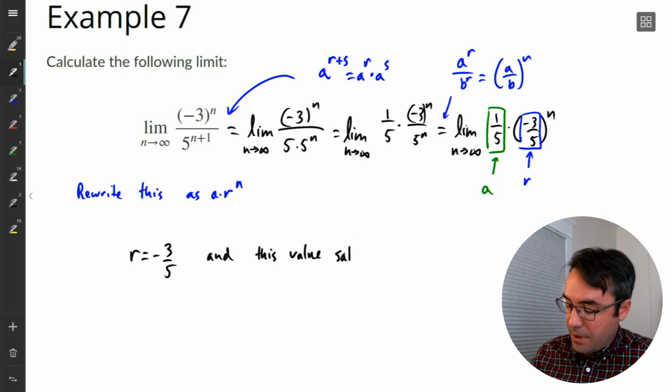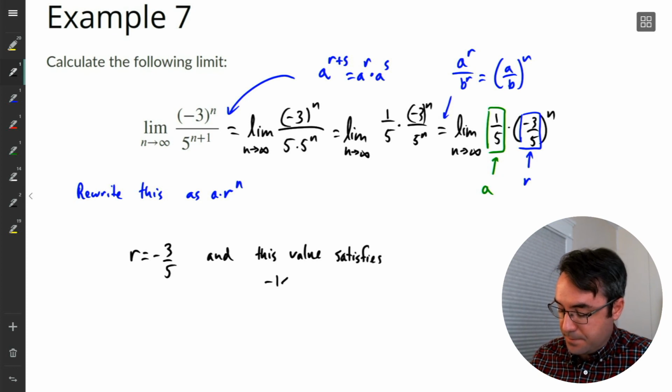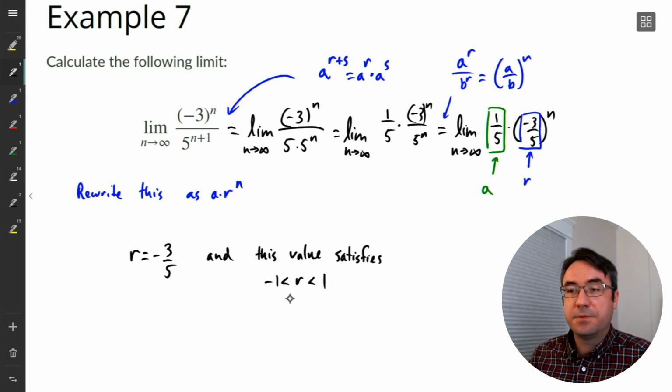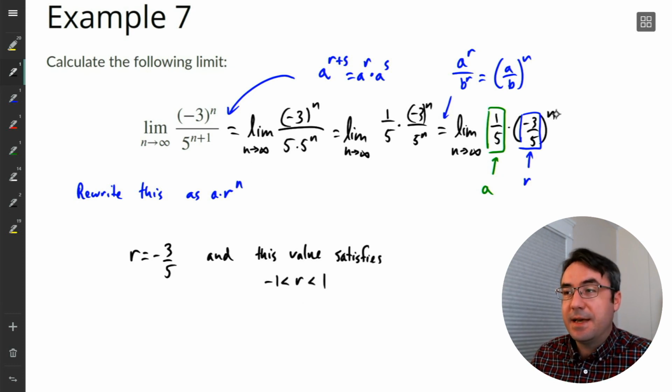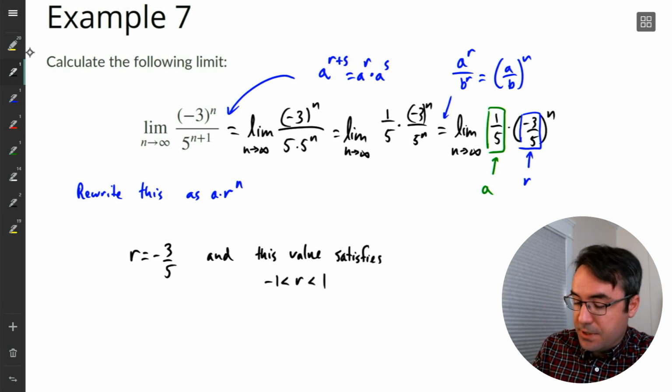So this value for r satisfies that inequality, where r is between negative 1 and positive 1. And so what we can say then is that the limit of this geometric sequence goes to 0.